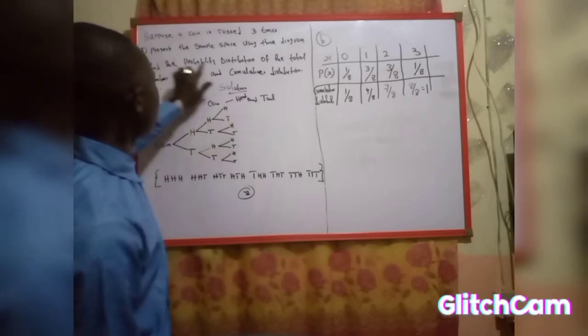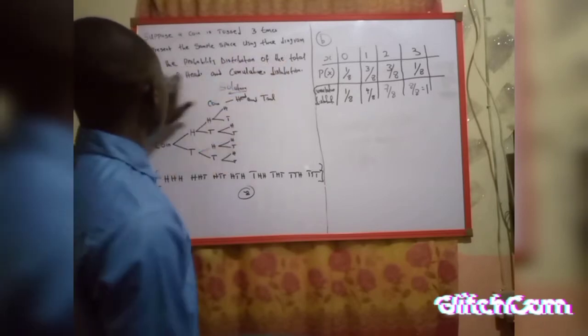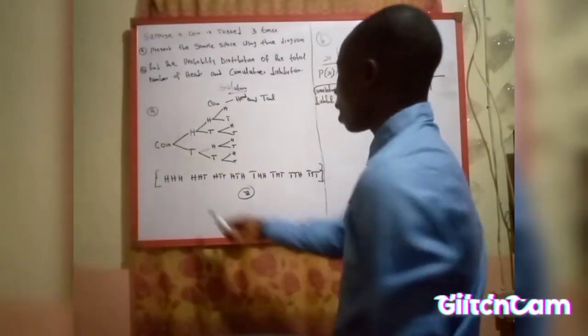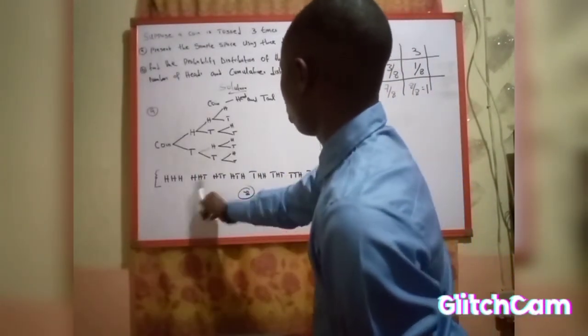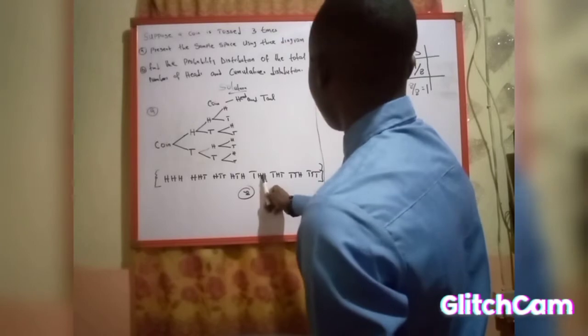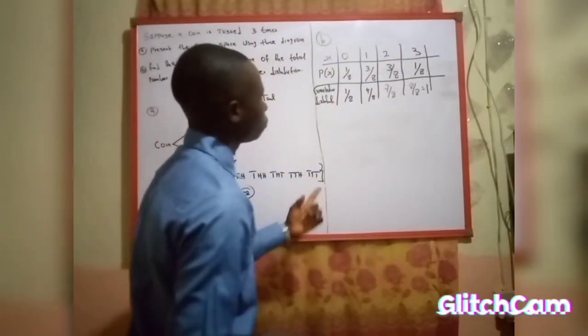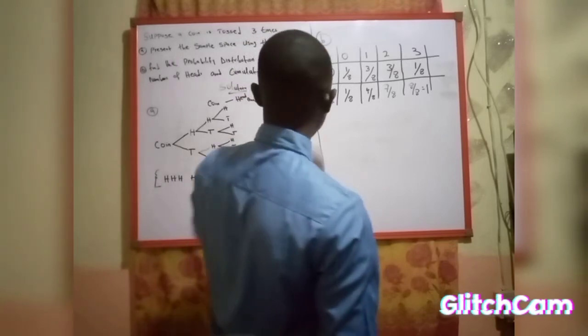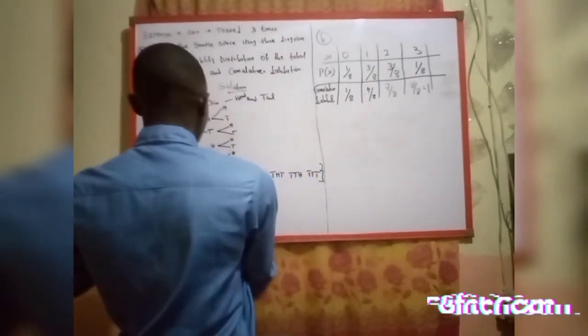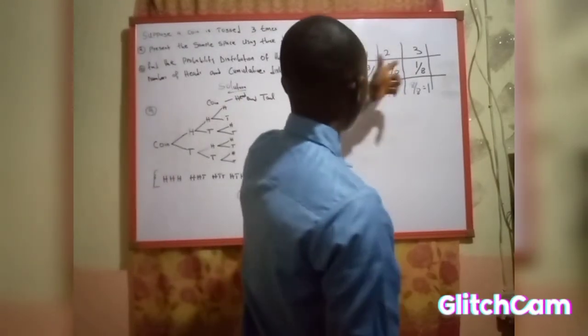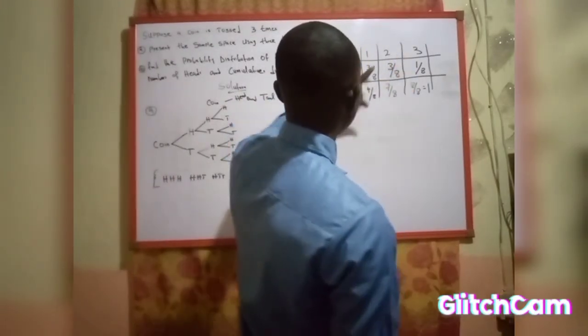And B, find the probability distribution of the total number of heads, only the total number of heads. We have 3 heads here, 2 heads, 1 head, 2 heads, 2 heads, 1 head, and no head here. So we have where there's 0 heads, 1 head, 2 heads, and 3 heads. We can present it in a tabular form like this.